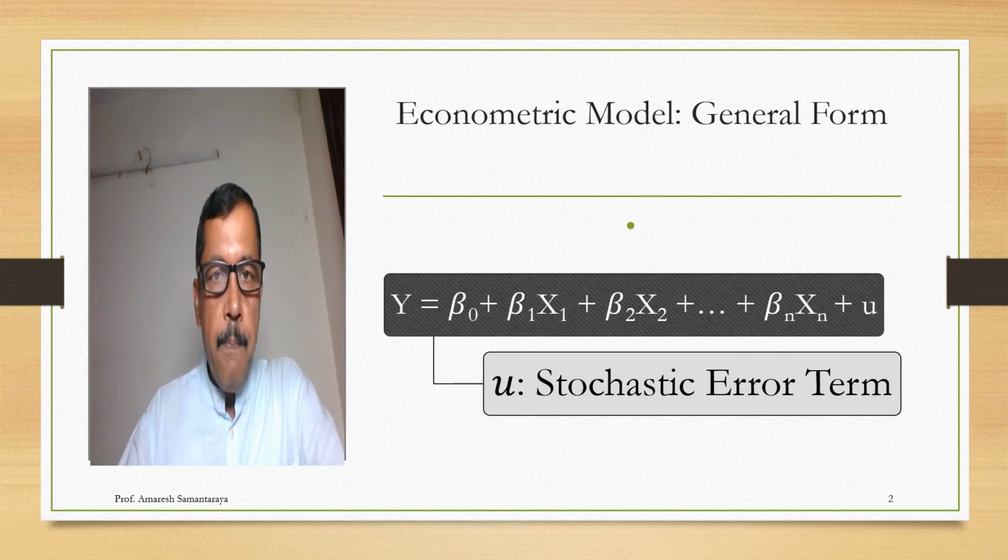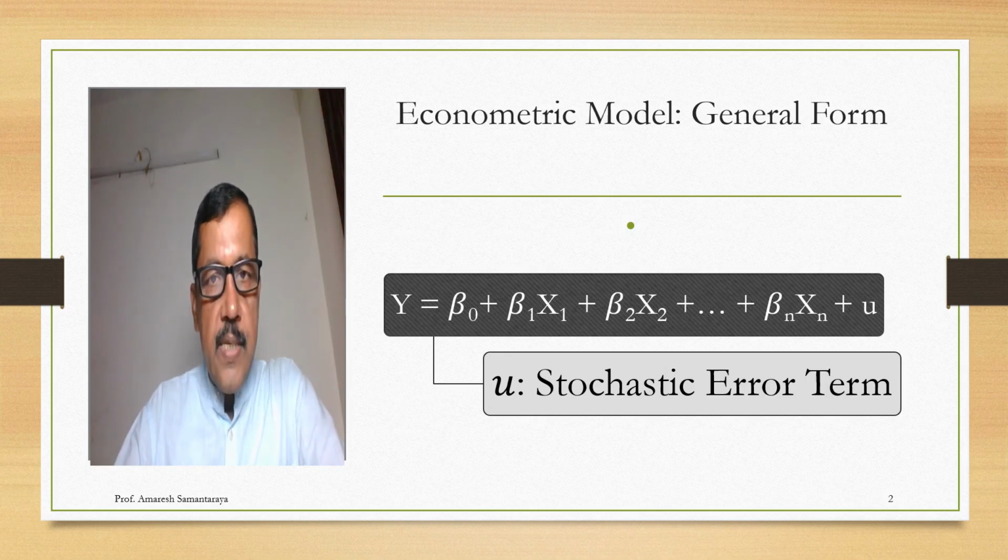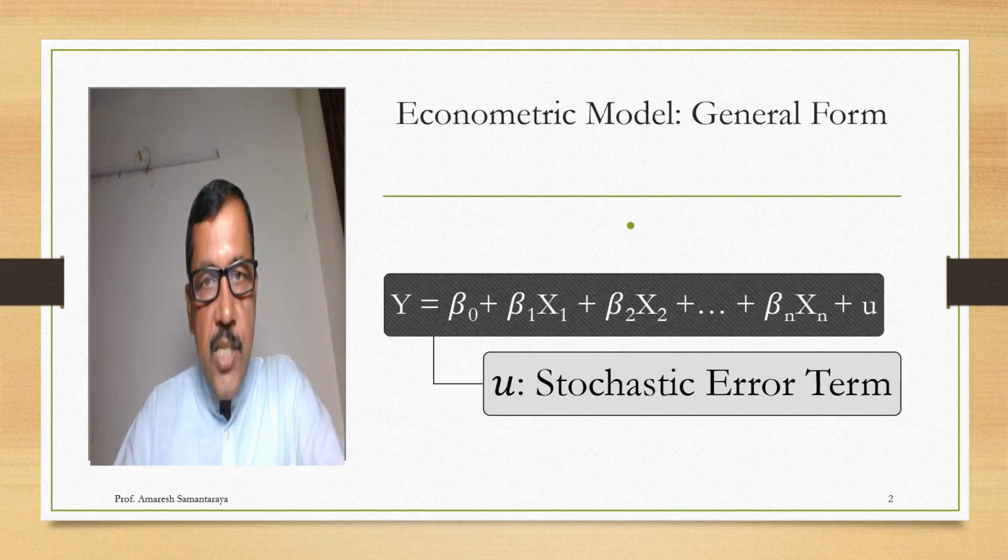For example, if I'm talking about the law of demand, I'm trying to understand how people demand or purchase quantities of various goods and services based on several parameters. Those parameters on the right hand side can be x1, x2, x3. We call them independent variable, explanatory variable, exogenous variable, or right hand side variables.